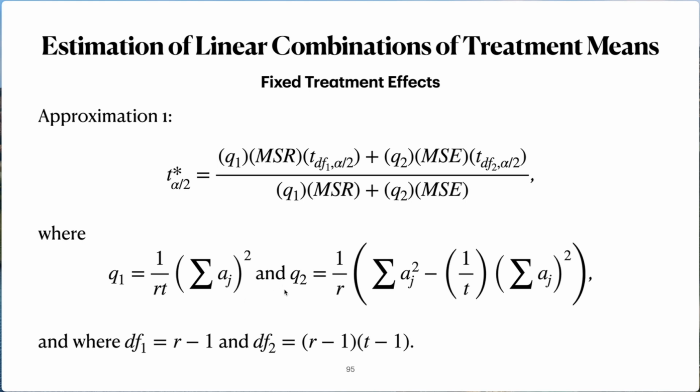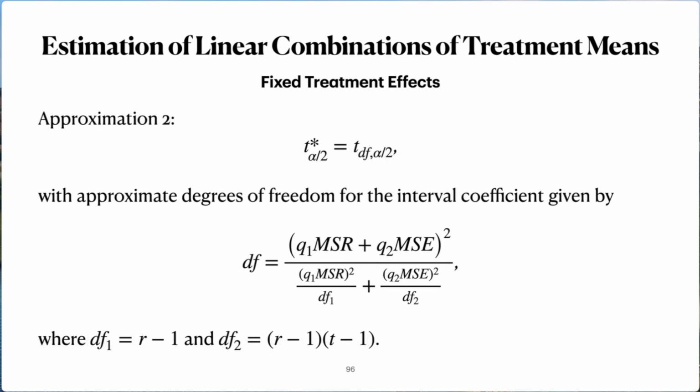And q sub 2 is equal to 1 over r, 1 over the number of blocks, times the quantity which is equal to the sum of the squared coefficient values, minus 1 over t, t being the number of treatments, times the square of the sum of the coefficients. Once we have calculated q1 and q2 and looked up these two t-values, we calculate this value and we get an approximation to the true interval coefficient, which again is unknown.